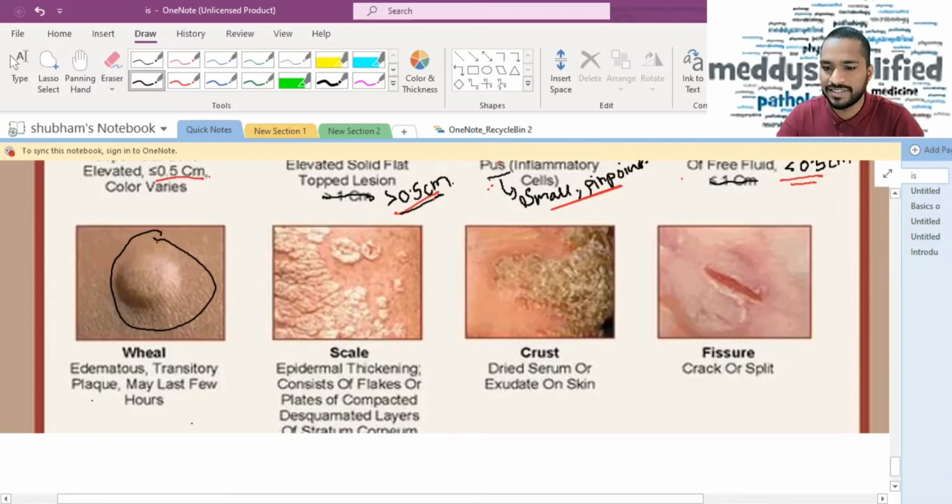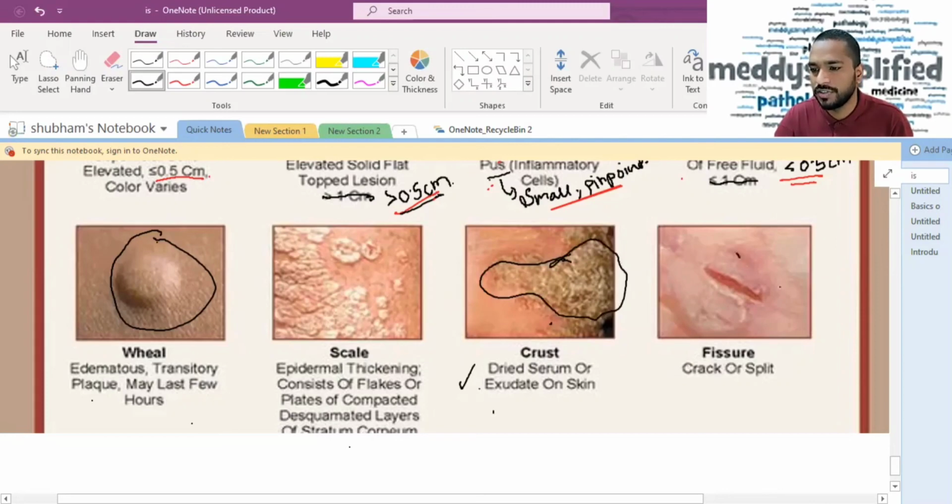Then here we have scales, that is exfoliation of stratum corneum, which was the first skin lesion which we learned in secondary lesions. Epidermal thickening consists of plaques or plates, compacted desquamated layers of stratum corneum. Now we have crust. Crust, I told you, is golden brown in color. Here you can appreciate it a bit brownish. So crust is dried serum or exudate on skin.